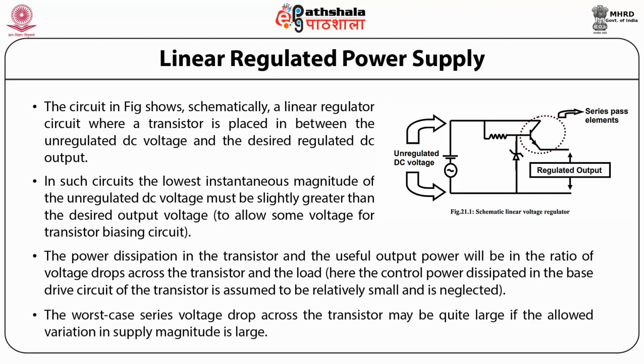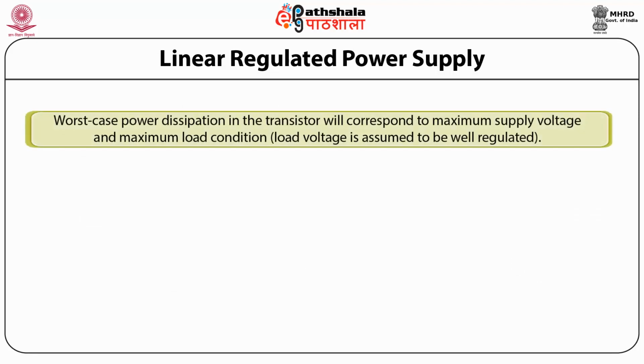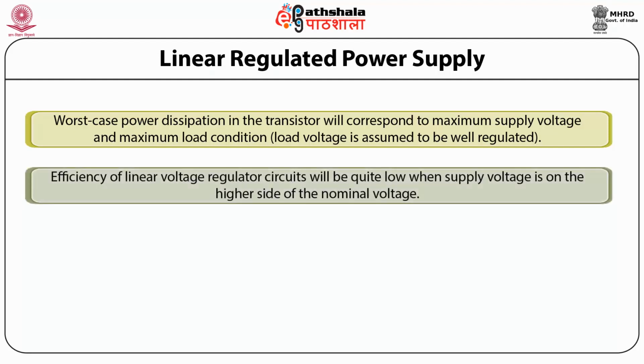The worst case series voltage drop across the transistor may be quite large if the allowed variation in supply magnitude is large. Worst case power dissipation in the transistor will correspond to maximum supply voltage and maximum load condition. Load voltage is assumed to be well regulated. So the efficiency of linear voltage regulator circuits will be quite low when the supply voltage is on the higher side of the nominal voltage.